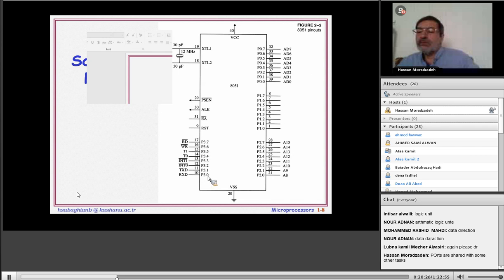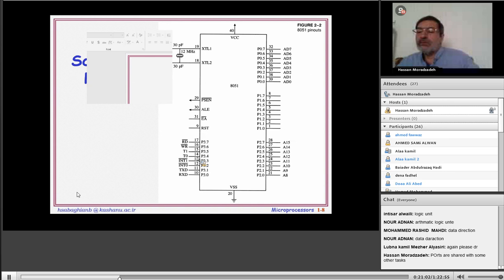Here port 2 may act as a port or as the address bus, A8 to A15. But port 1 is only port 1. Here in port 3, some pins may be used for some tasks. For example, P3.0 and P3.1 may be used as UART controller pins, receive data and transmit data.